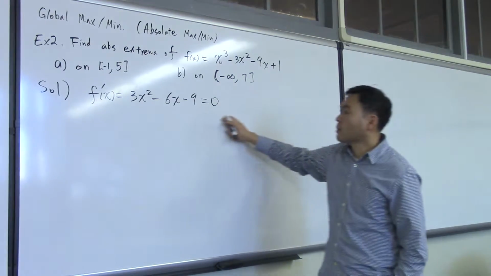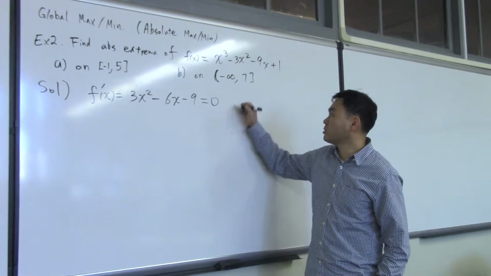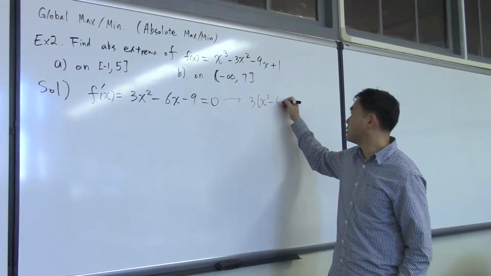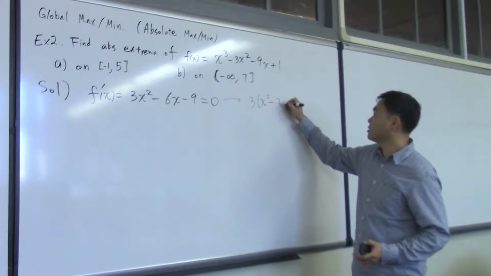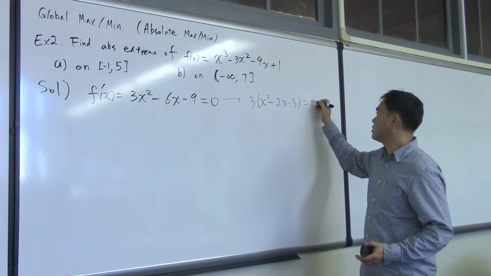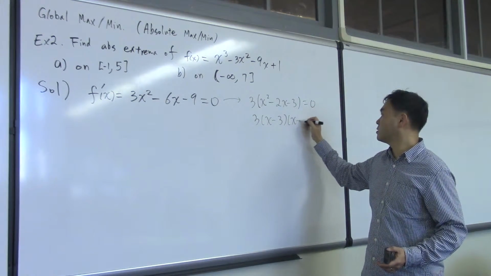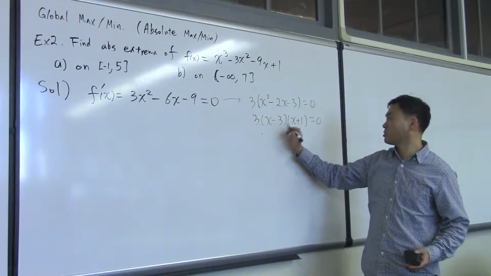Okay, so f prime of x set equal to 0 gives you the following equation, which factors as 3 times x minus 3 times x plus 1.